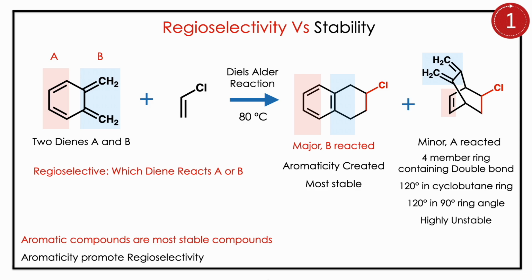An sp2 carbon needs 120 degrees, here only 90 degrees, highly unstable. So the major product is formed by the B diene. So the concept you have to learn here is stability can also promote regioselectivity. Here benzene is stable because of aromatic character, which promoted regioselectivity.